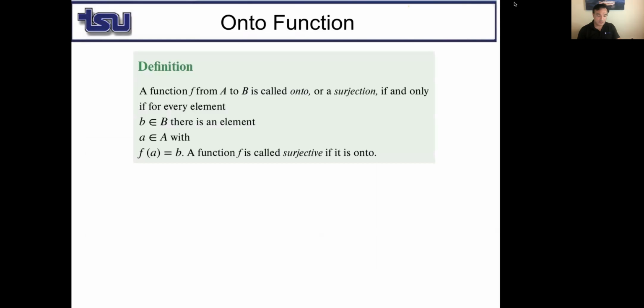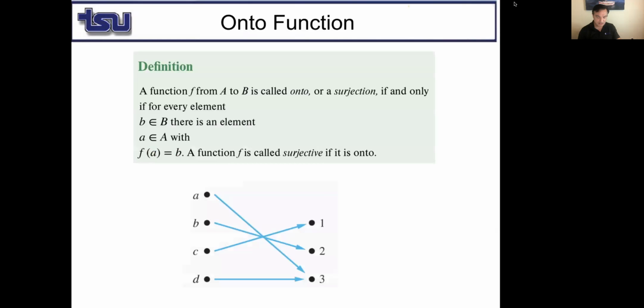Okay. Now we have onto. Well, onto, as the name implies, means that for every element in the codomain, we have an element in the domain that maps to that element. This is pretty simple.